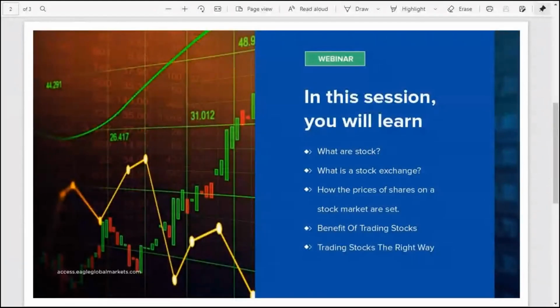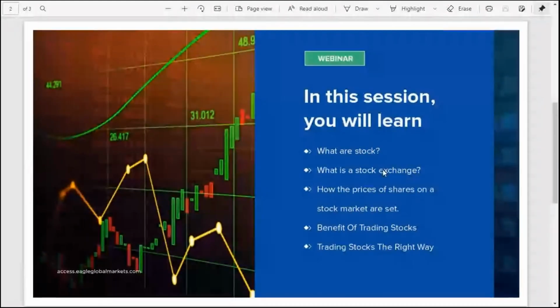Now, for stocks to be traded, like I said, effectively, you need to trade them on a market, and the market is considered the stock exchange market, where you can buy and sell stocks or shares.